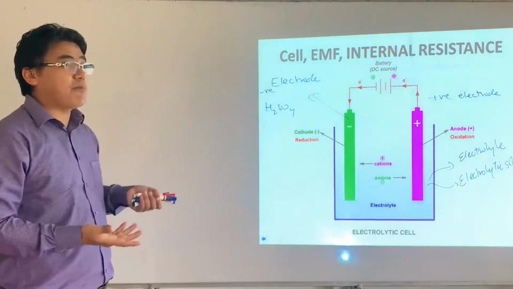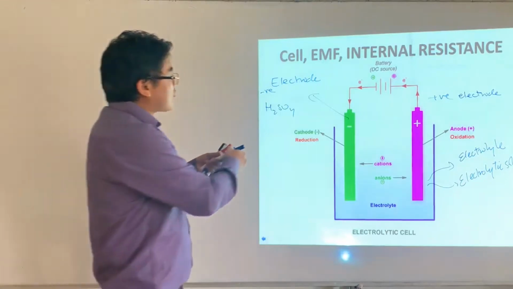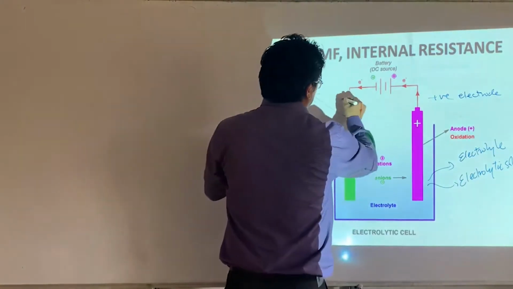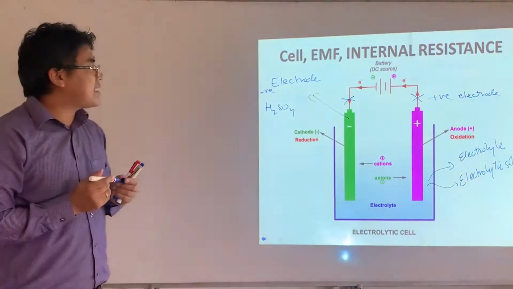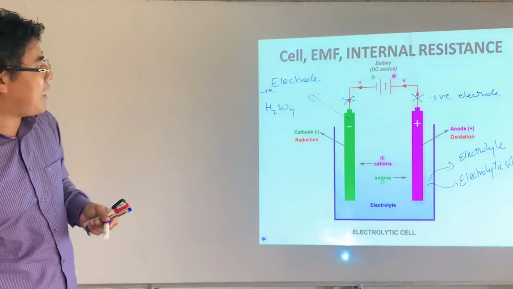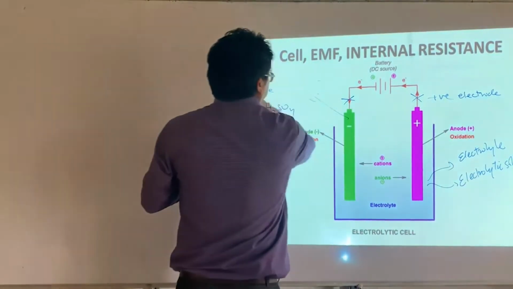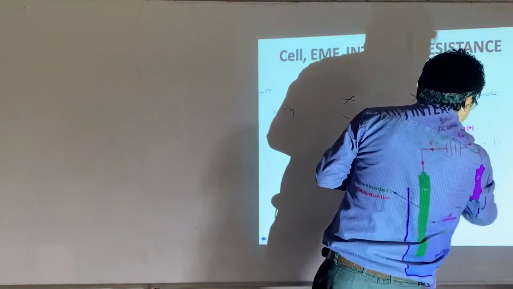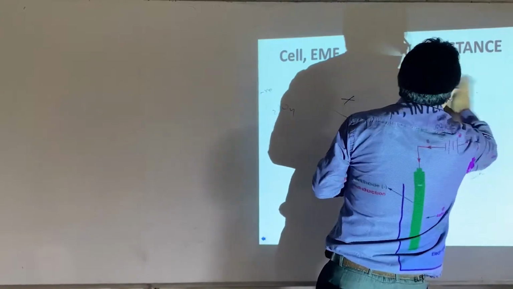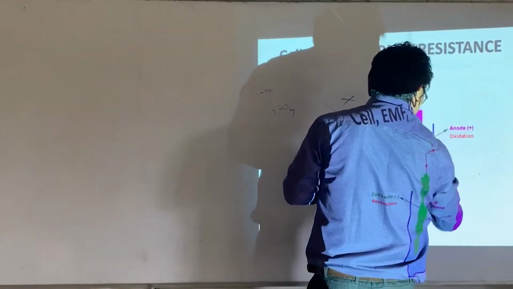Why does it attain equilibrium? Look at here. I just cut this supply. When I cut this supply, it attains equilibrium. When it attains equilibrium, there is no current. Right? Current in the cell is going to be zero.